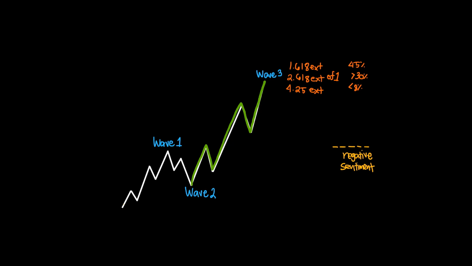All in all, it is the 1.618 fib extension resistance, the 2.618 fib extension resistance, and the 4.25 fib extension resistance that represent around 80% of all the distances traveled by wave 3.